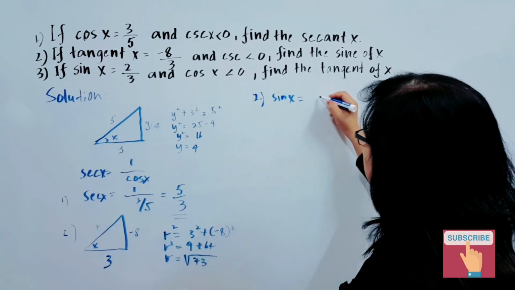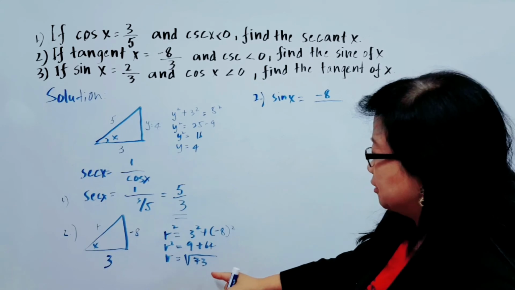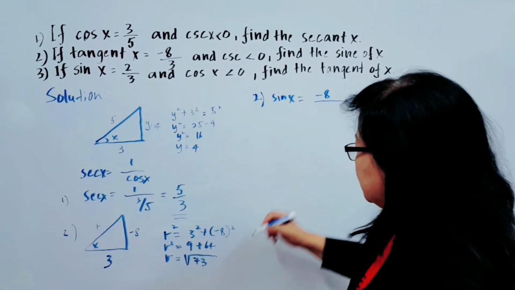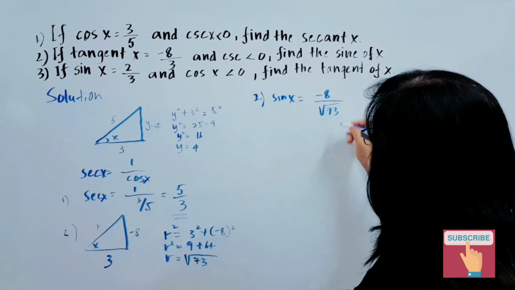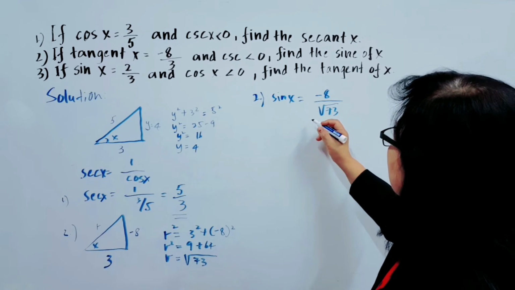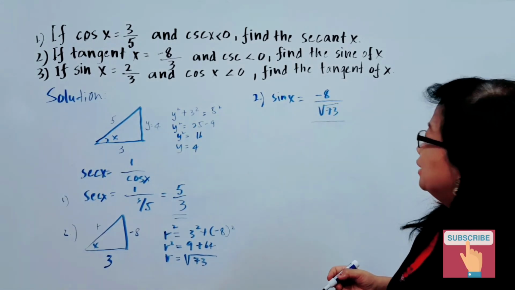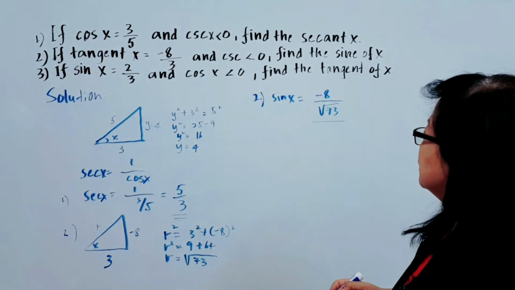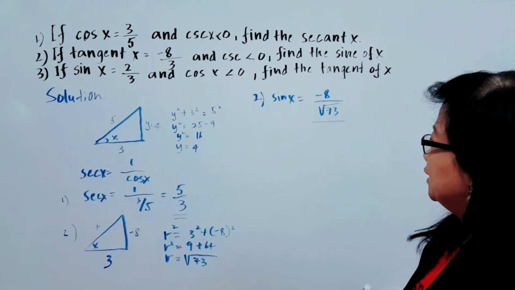Now the opposite is equal to minus 8 over the hypotenuse, which is square root of 73. Now this is the answer of the second question: minus 8 divided by square root of 73.